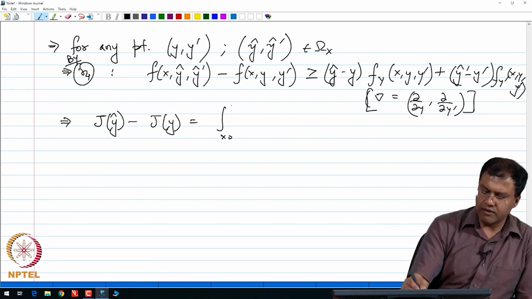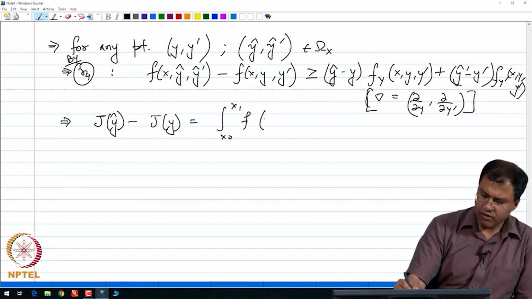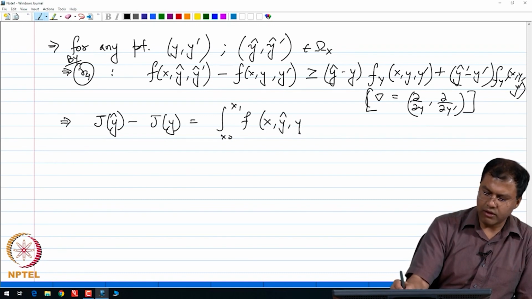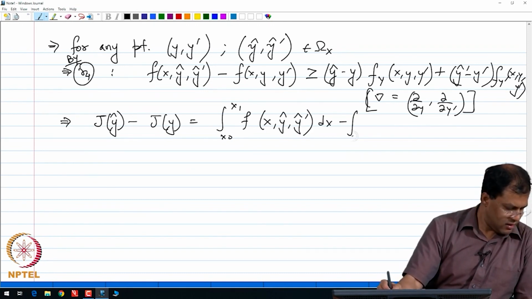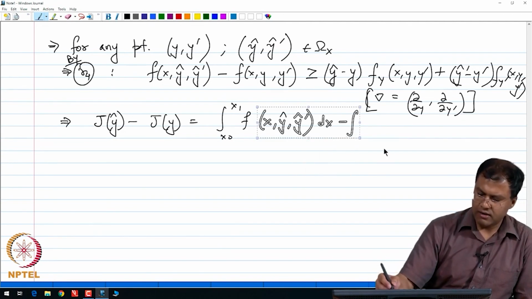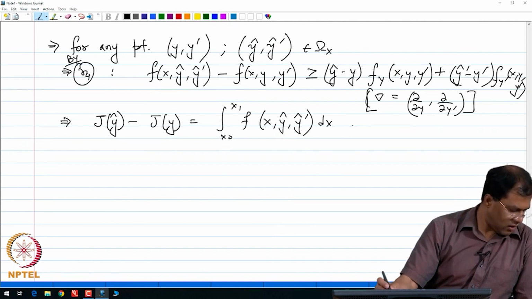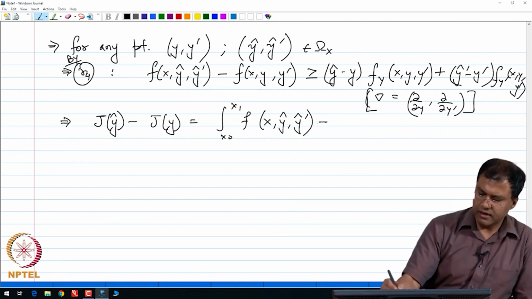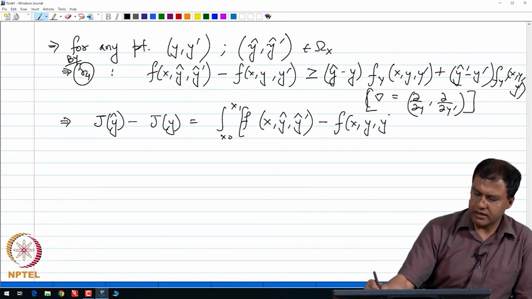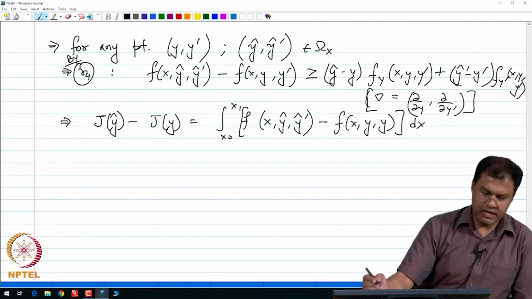It is going to be the integral from x 0 to x 1 of f of x, y hat, y hat prime dx minus the integral, well, let me keep everything under my integration curve, dx.